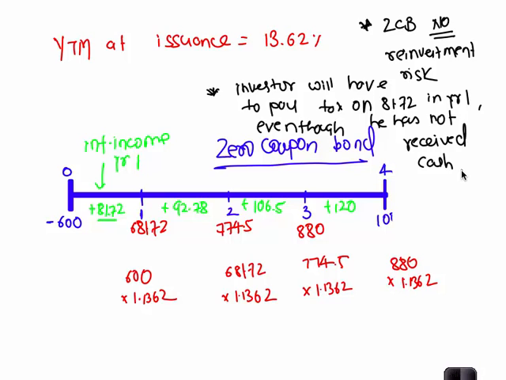So from an investor perspective, he is being charged taxation on the accrued income. So first year he will have to pay taxes on that income of 81.72. Even though it's not received, there would be a negative cash outflow for the investor for some time.